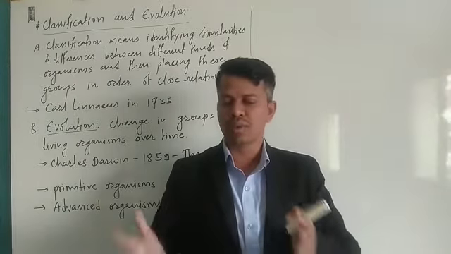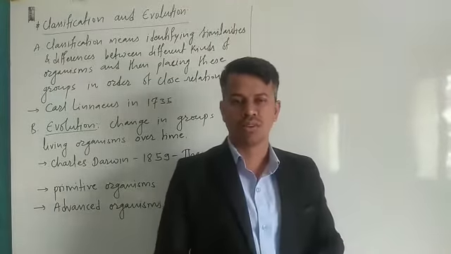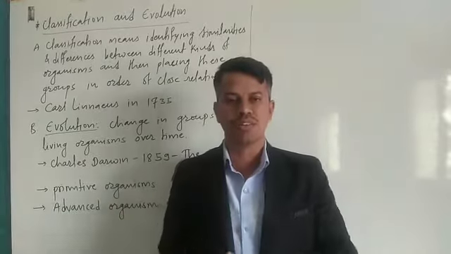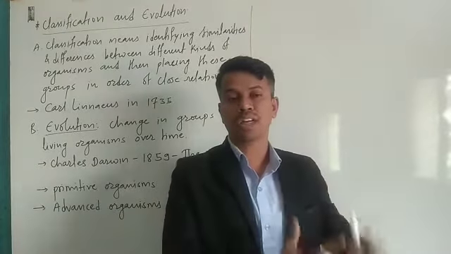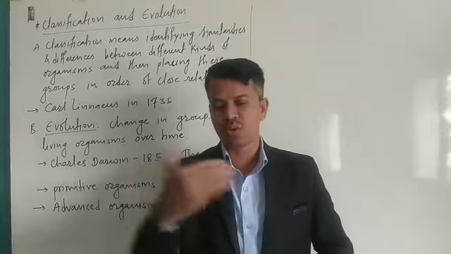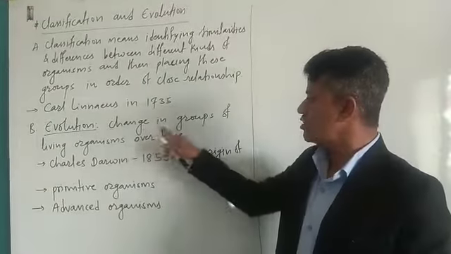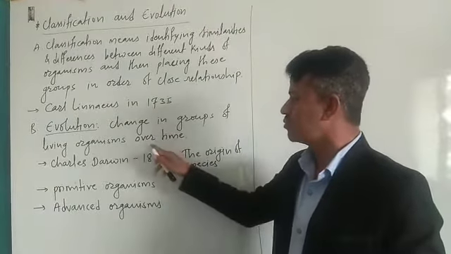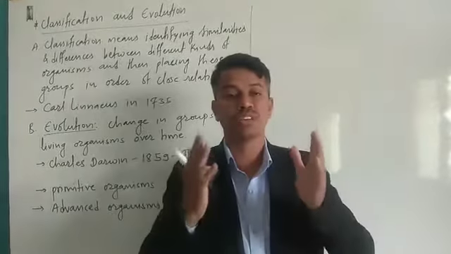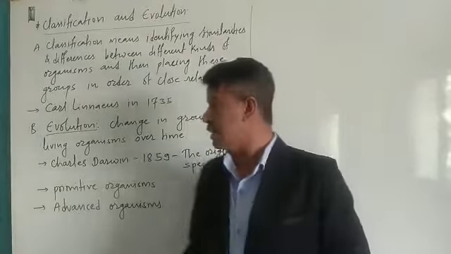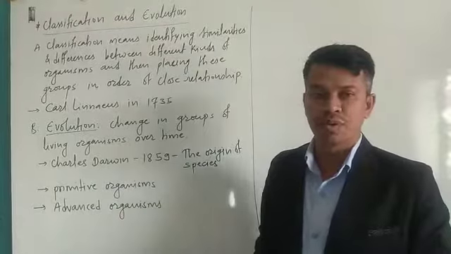Some are unicellular, some are multicellular. Some have a simple body design, some have a complex body design. So this change in the groups of living organisms over a period of time that we see is called evolution.